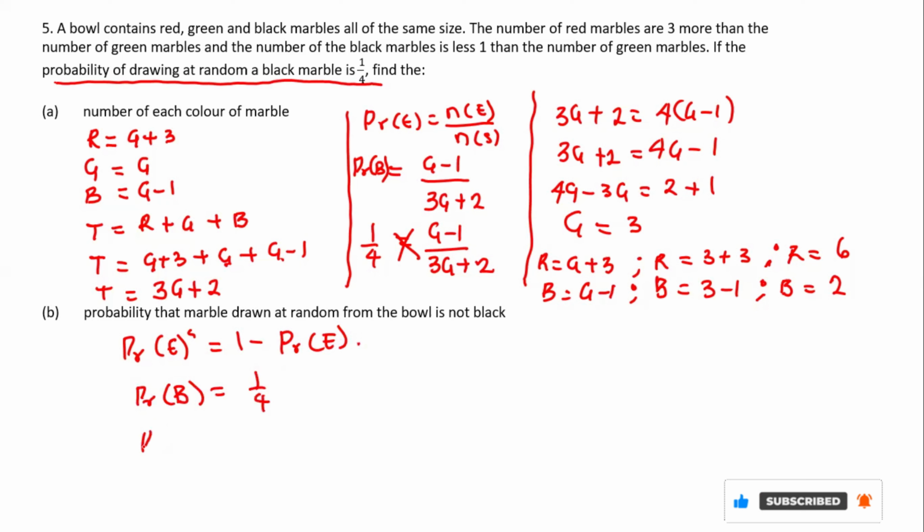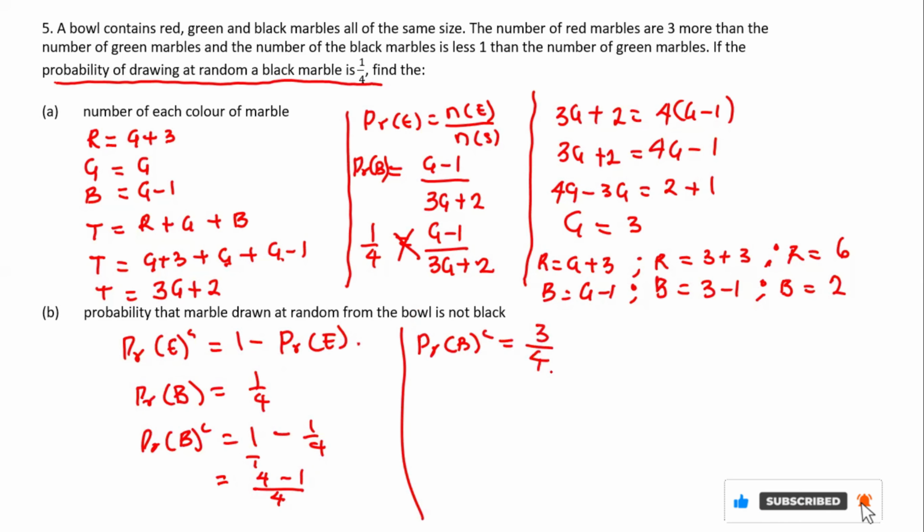Now, the probability that you will not pick black, which is the probability complement of black, will be 1 minus 1 over 4. If you do that following LCM, this will be 4 over 4 minus 1 over 4. Therefore, the probability that you will not pick black, which is the probability of black complement, is 3 over 4. And that is the final answer.